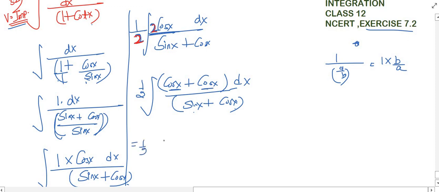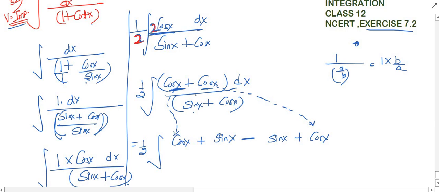What can we do? Can I add sin x and subtract sin x purposely? See here, this cos x is still there, and this cos x is still there. Look carefully, I have only added sin x and subtracted sin x for manipulation. Okay?